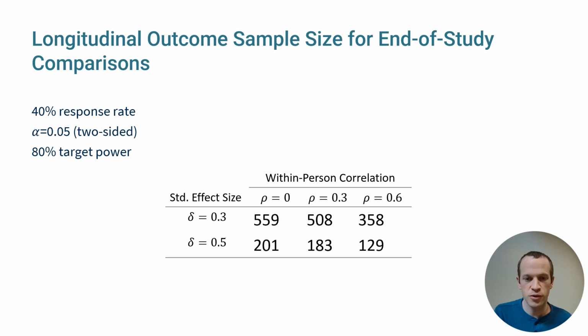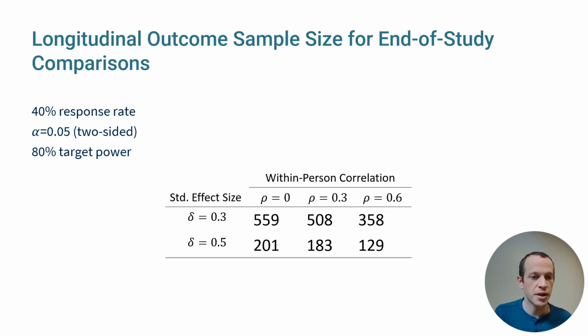But as you move to the right, the number of participants decreases, because the repeated outcome measures become more correlated as rho increases. When rho equals 0.6, you're getting a sizable benefit from including these repeated outcome measures. Instead of recruiting 559 participants, which is a lot, you need to recruit only 358.